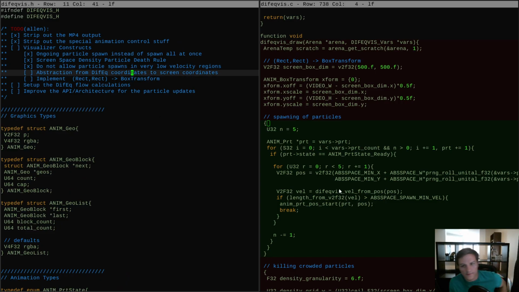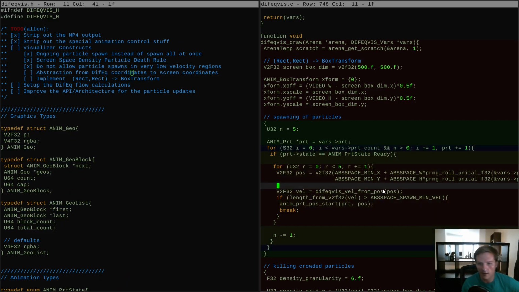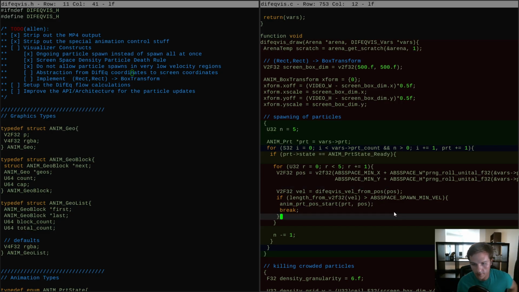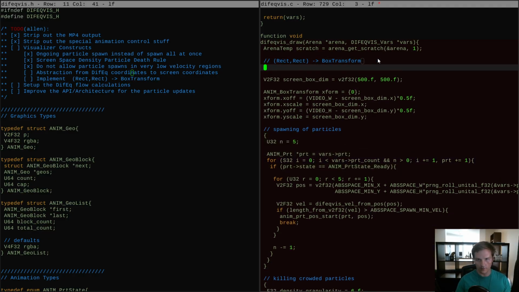All right, let's work on this abstraction between the coordinate spaces again, because our abstraction is not very strong yet. I want to get a bit more specific about how much detail is available.